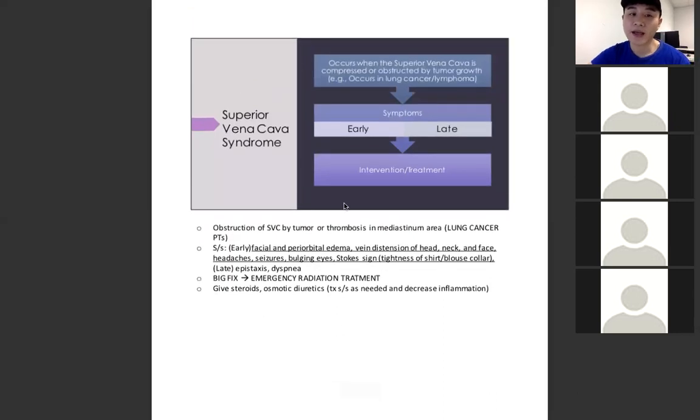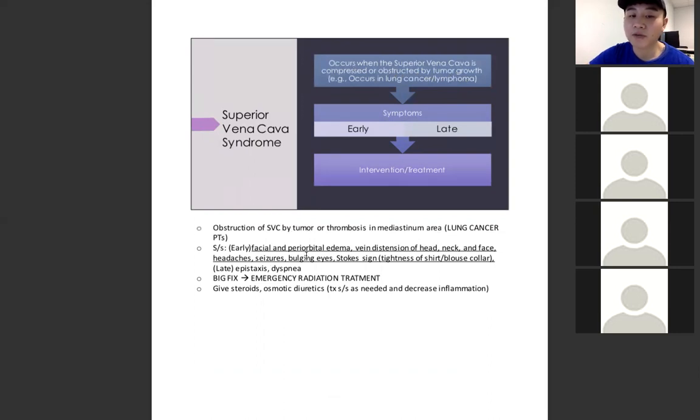All right, next we have superior vena cava syndrome. It occurs when the superior vena cava is compressed or obstructed by tumor growth. It usually occurs in lung cancer or lymphoma. It is an obstruction of the superior vena cava by tumor or thrombosis in the mediastinum area of a lung cancer patient.